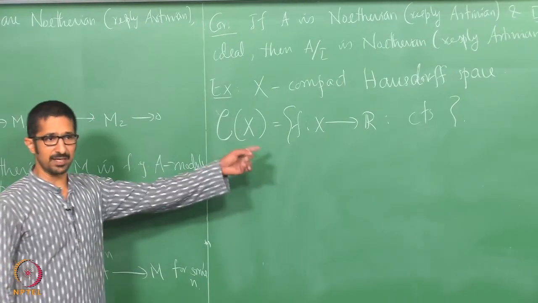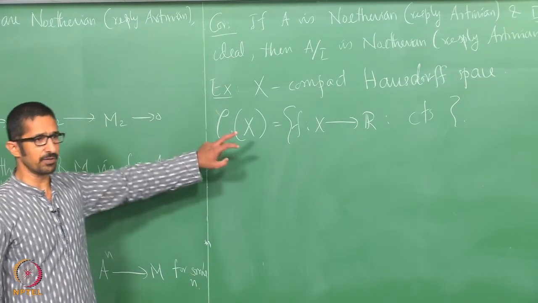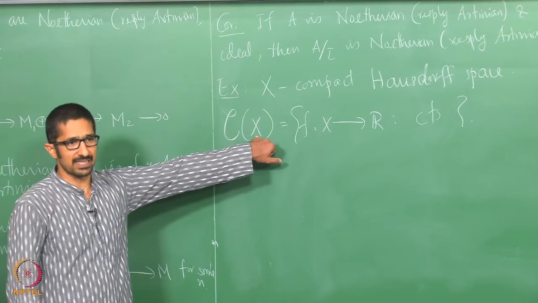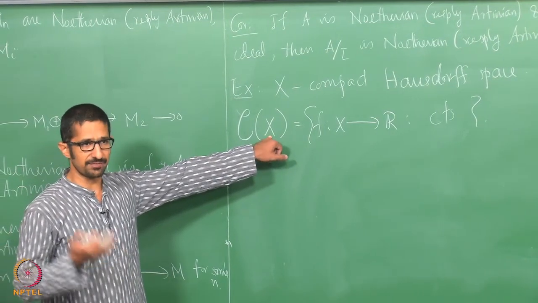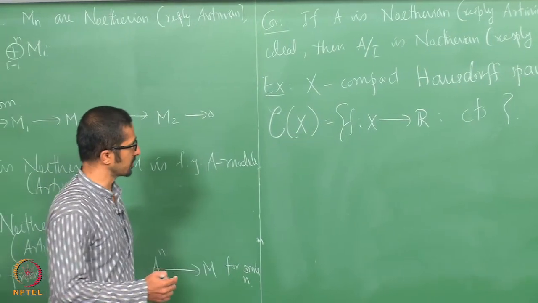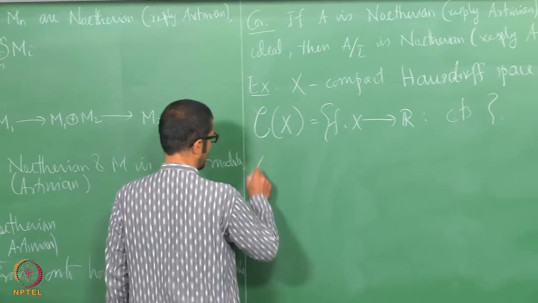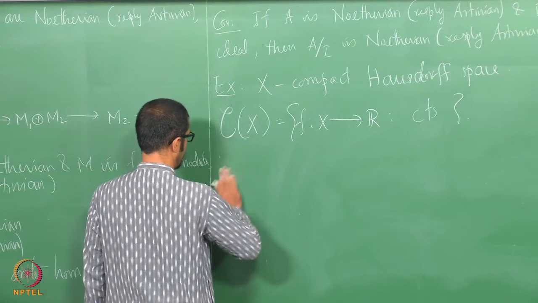This is a ring under pointwise addition and multiplication. We have looked at this for X equal to the closed interval [a,b], but one can do this for any compact Hausdorff space.